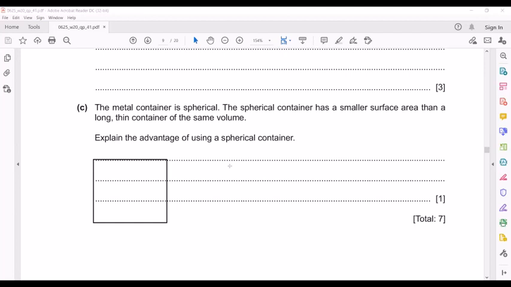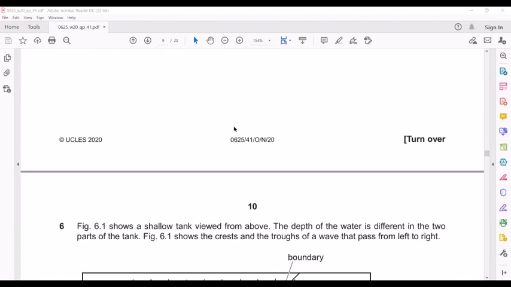But a spherical container has less area, so it will reduce the heat loss. Most of the heat will be conserved within the system. So you have to relate the heat loss with the surface area.